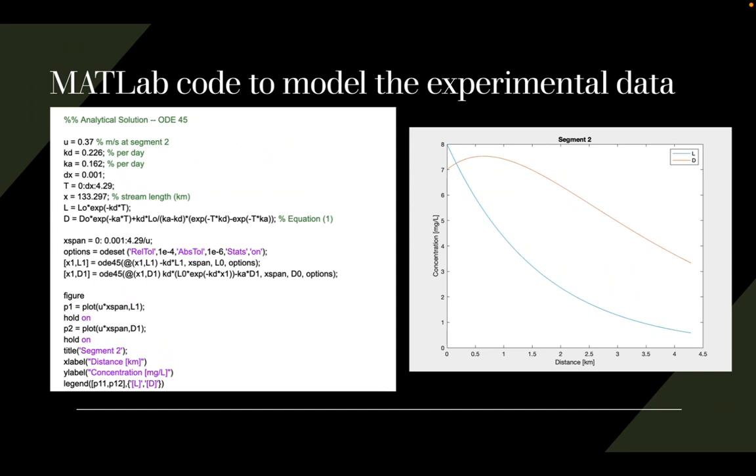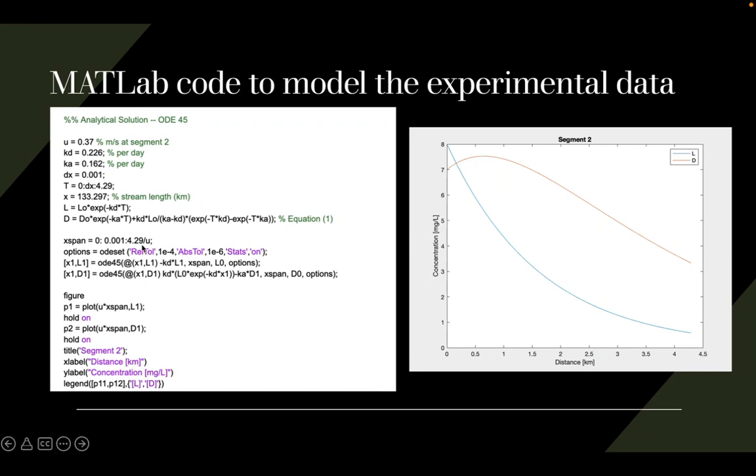Next, we have the MATLAB code to model the experimental data with an analytical solution using the ODE45 method. So again, we have the same values at segment 2, where mu is 0.37 meters per second, Kd is 0.226 per day, Ka is 0.162 per day, and we have the same increment value of 0.001, which is a small step to make that as close an approximation as possible.